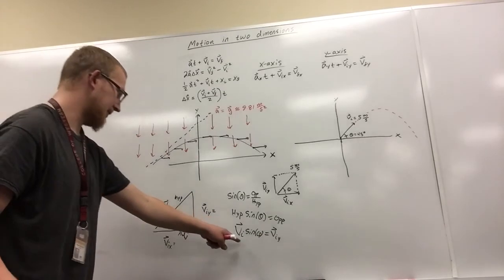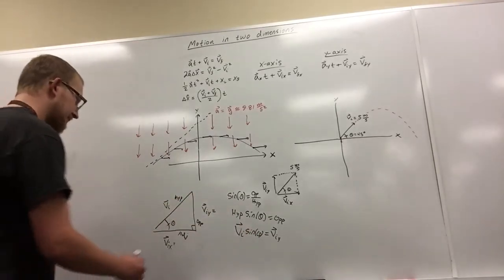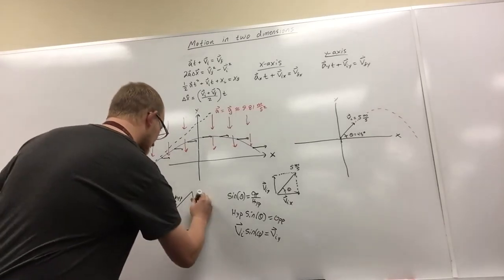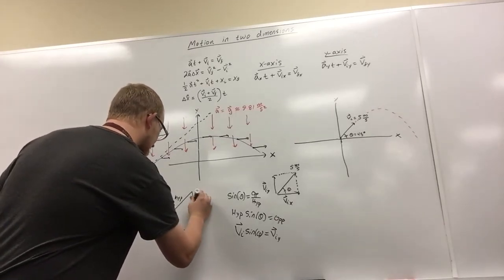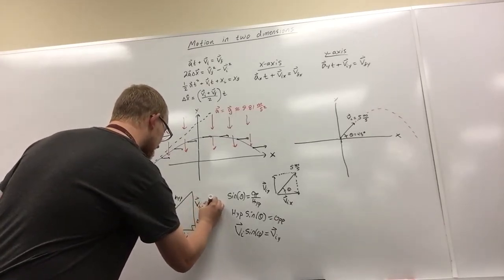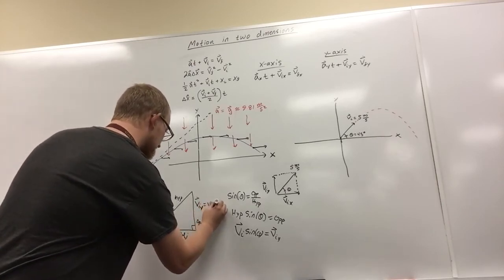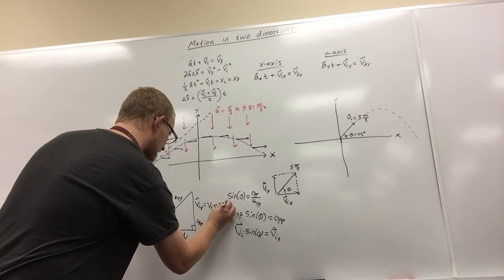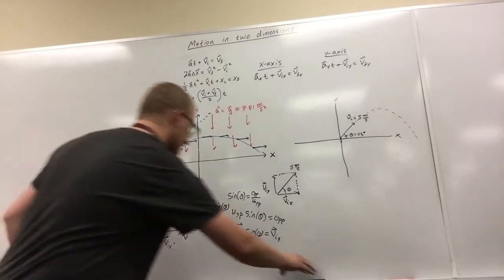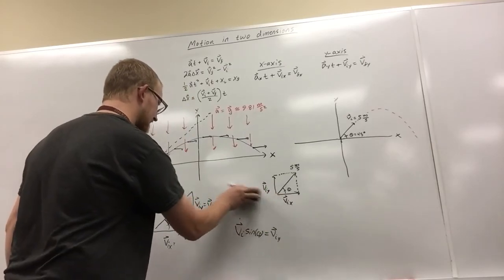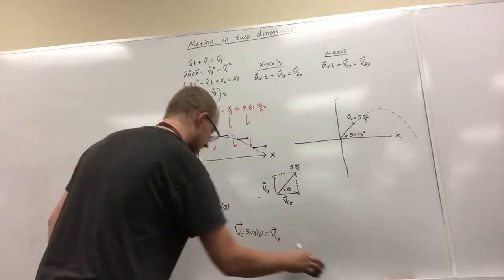So this is how we solve for VIY: VIY equals VI sine theta. I just wanted to show this, building it from the trigonometry up.